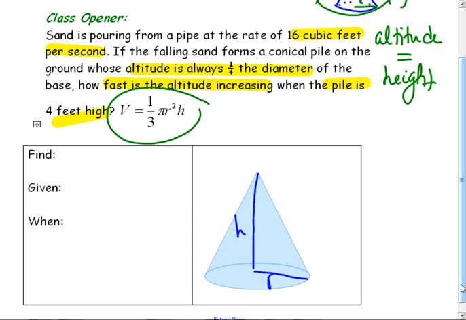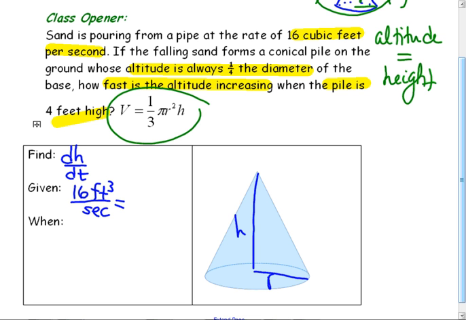Okay, so what's your find? I want to find how fast the altitude is changing. So it's dH/dt, right? What is it I'm given? 16 cubic feet per second. What is that? Cubic feet.